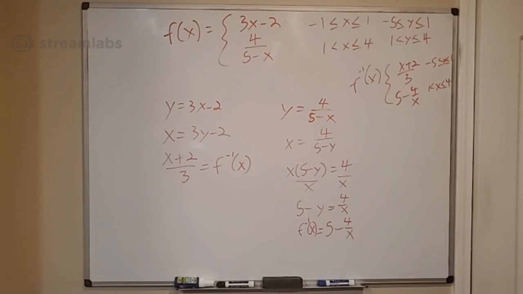Okay, part C is really easy. They give you your k value. And then part F. What is that?